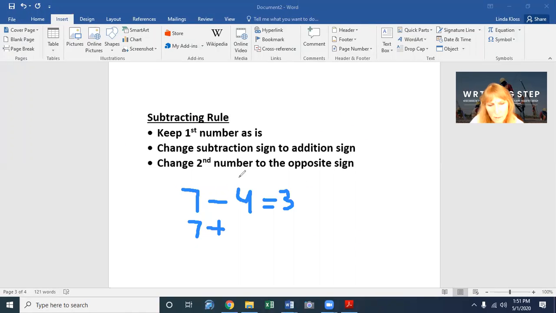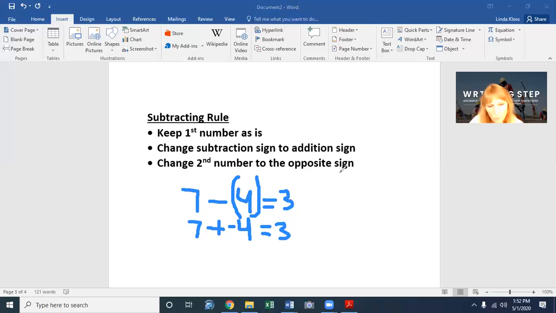So by the second number, I mean the number by itself like this, without the minus sign in front of it. So the opposite value of 4 is negative 4. So that means the same thing. So 7 plus negative 4 is going to be 3. It's the same thing as 7 minus 4. So that's okay. Something like 7 minus 4, you can just subtract it.